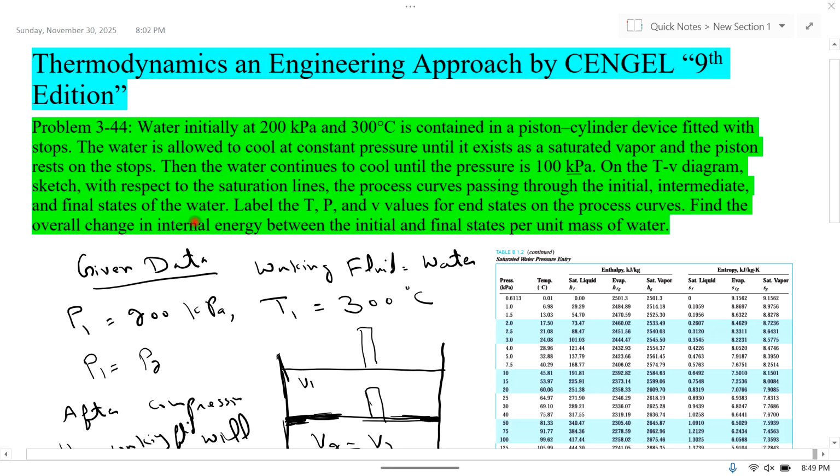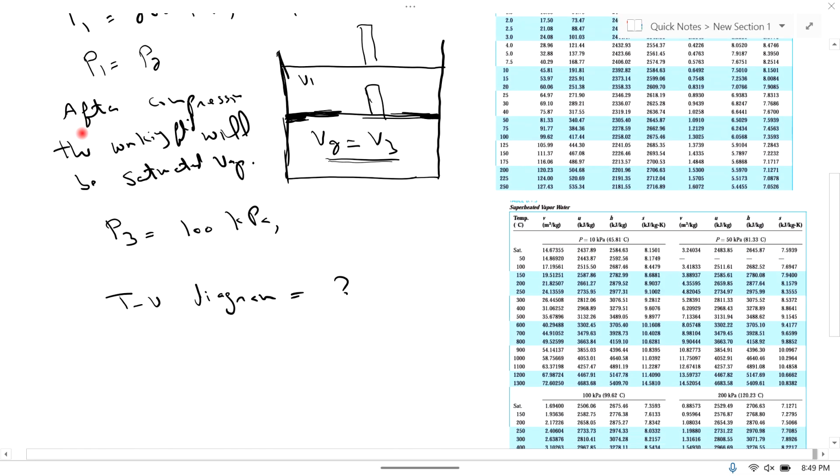There are three states: initial state P1, T1, V1; intermediate state P2, T2, V2; and final state P3, T3, V3. Label the T, P and v values for each state on the process curve. Find the overall change between the initial and final state. Find U2 minus U1, the specific internal energy. These are the required values.